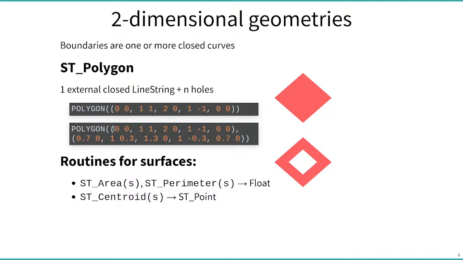You see the first part of this polygon is exactly the same as this one here. 0, 0, 1, 1, 2, 0, 1, minus 1, and again 0, 0. It's a closed line string that defines the outer border. And we used here a second closed line string to define that first hole here. And with this, all kinds of polygons are defined. You can define many more holes here if you want.